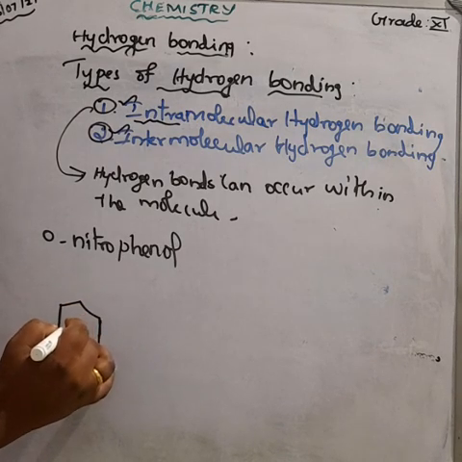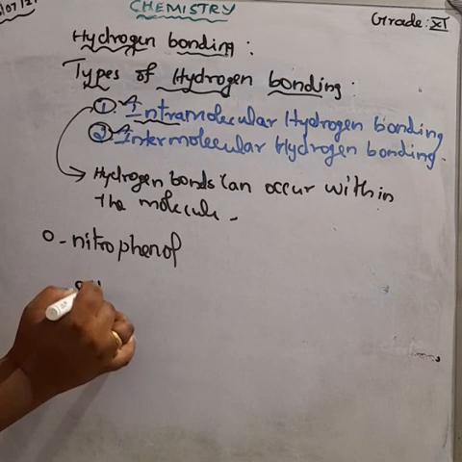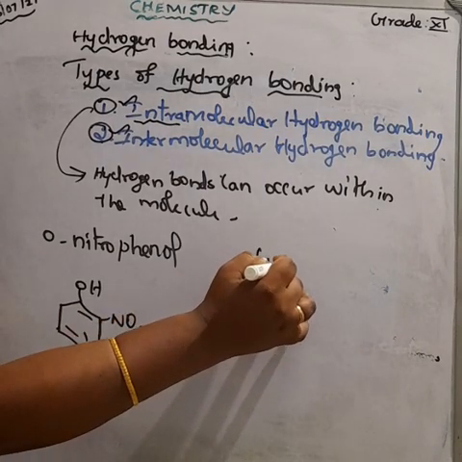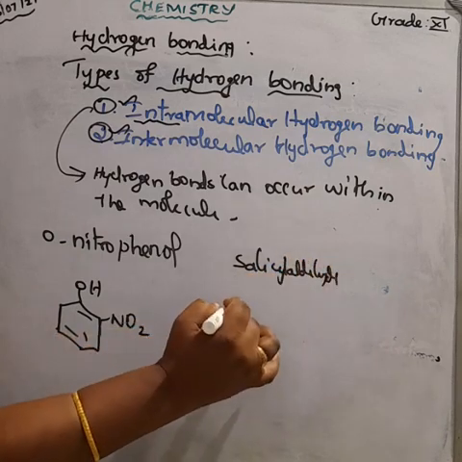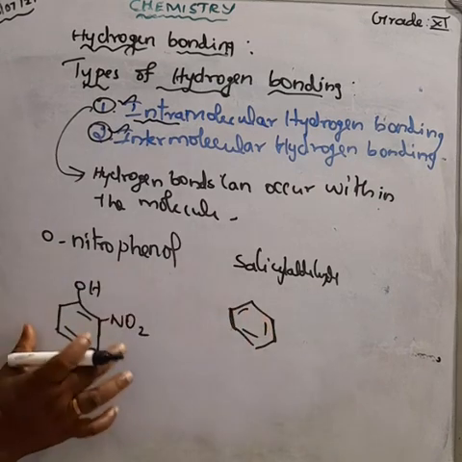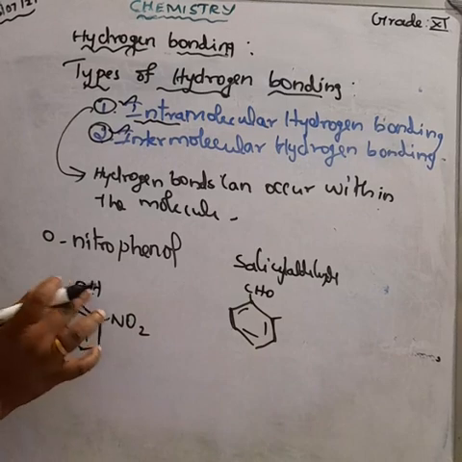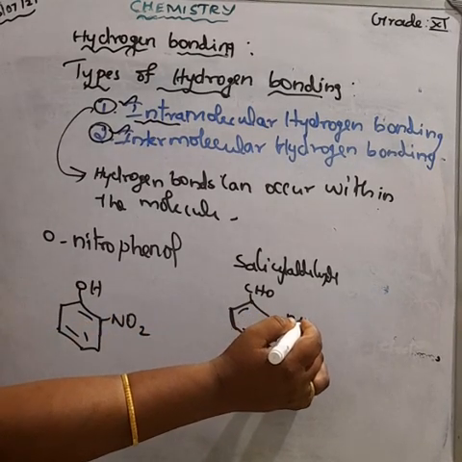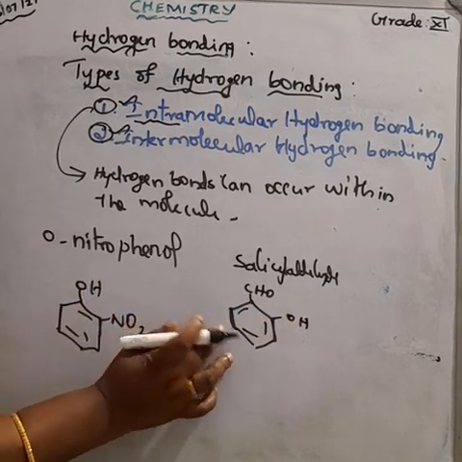Another example is salicylaldehyde, with a benzene ring, a CHO group and an OH group. Actually this is phenol. When the NO2 group is present in the ortho position to the OH group, that is orthonitrophenol. And this is the structure of salicylaldehyde.